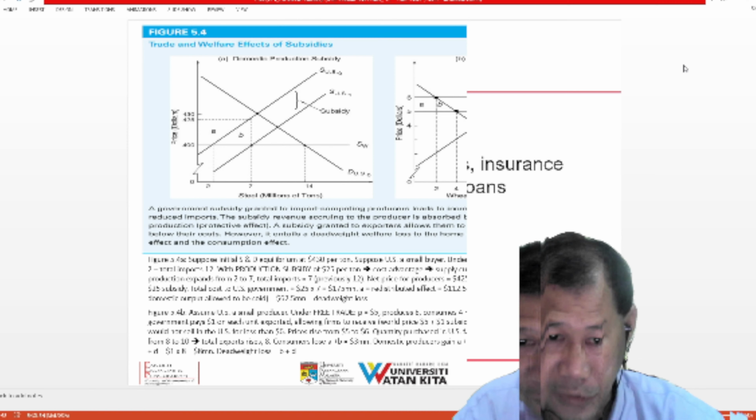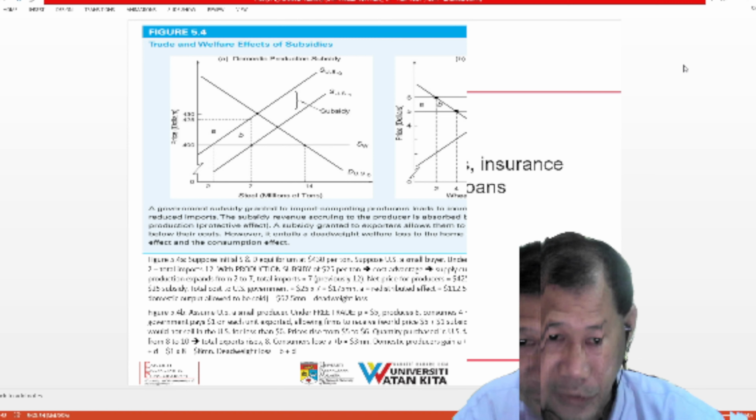Quantity supplied, on the other hand, rises from 8 to 10. So total export rises as a result. Total export is now 8 compared with previously with free trade, it's only 4. So that's the impact of export subsidy.